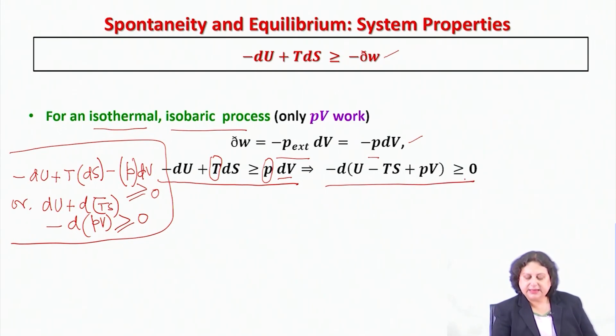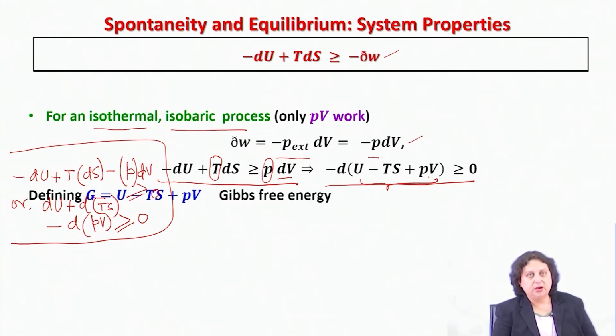So it says that minus d of certain quantity is greater than or equal to 0 when I have an isothermal isobaric process involving pressure volume work only. Now, do I know what this quantity is? Of course, we can define the Gibbs free energy as U minus TS plus PV, and then I can say that this means that during this isothermal isobaric process, minus dG_TP is greater than or equal to 0.